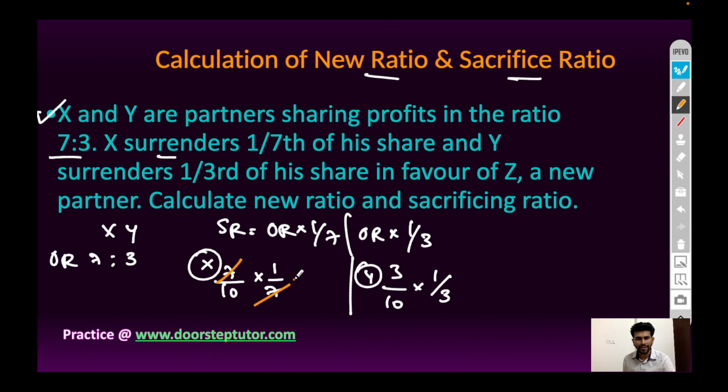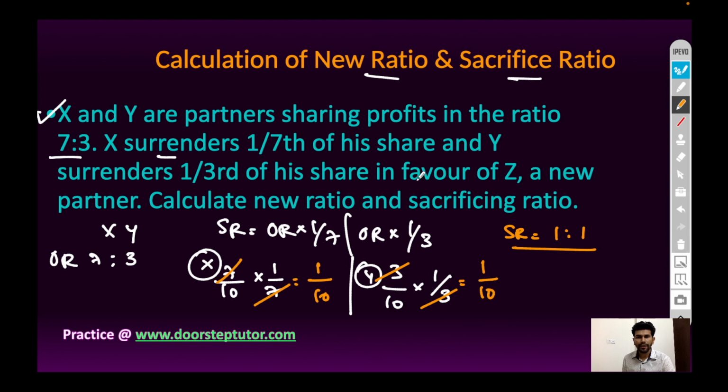The 7 will get cancelled and the ratio will be 1 by 10 for Mr. X. Here the 3 will get cancelled and 1 by 10 will be the ratio. So sacrifice ratio is 1 by 10, 1 by 10. That is equal. Sacrifice ratio is 1 is to 1.